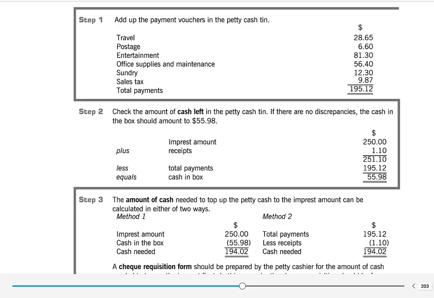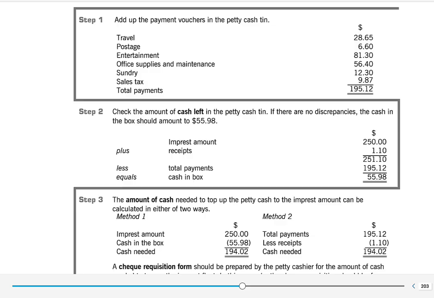Now add office supplies and maintenance. $116.55 plus $56.40 equals $172.95. Now add sundry. $172.95 plus $12.30 equals $185.25. Now add sales tax. $185.25 plus $9.87 equals $195.12. So the total payments from petty cash equal $195.12.